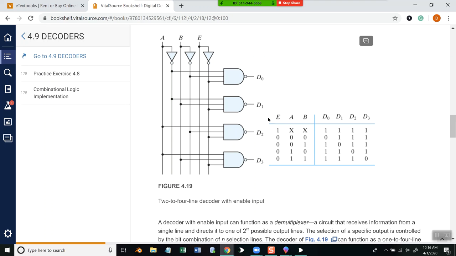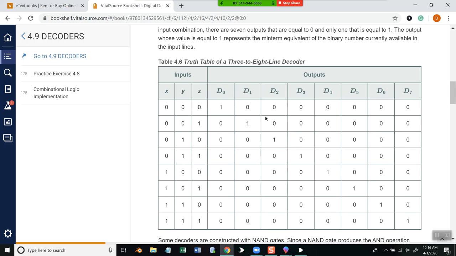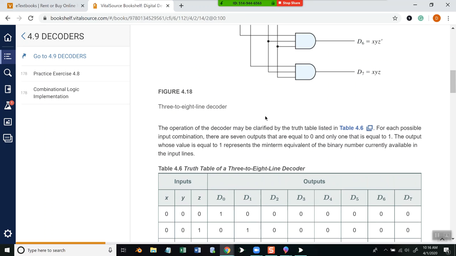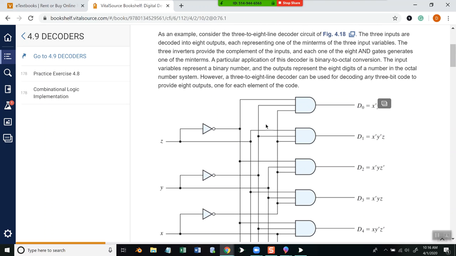I wish they'd give an example. It's pretty obvious to see this. How can you change from binary to octal using this?